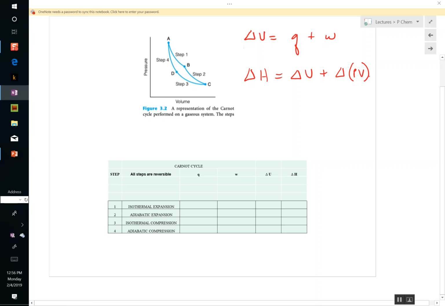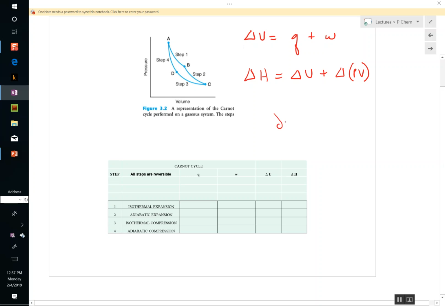But if we pick out any one of these, we've got an isothermal expansion. So the temperature is remaining constant. Volume is changing. Temperature is not changing. What's happening with internal energy?